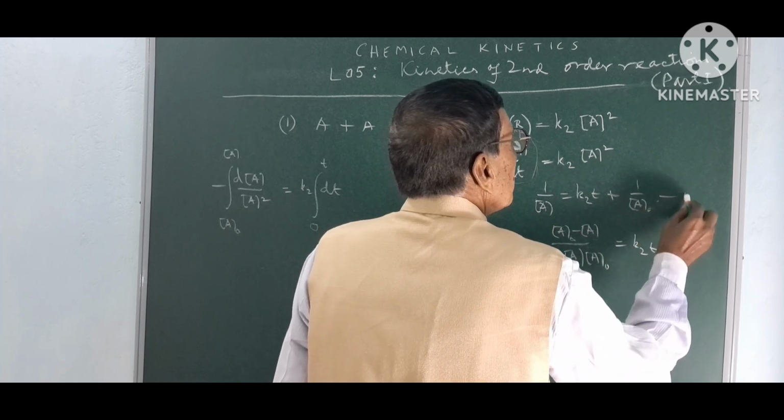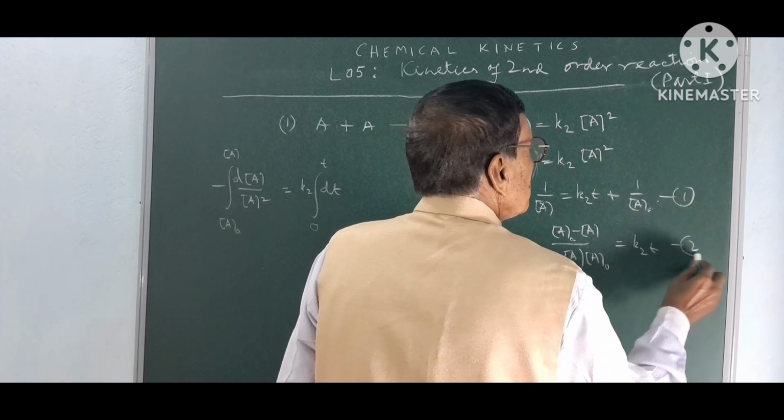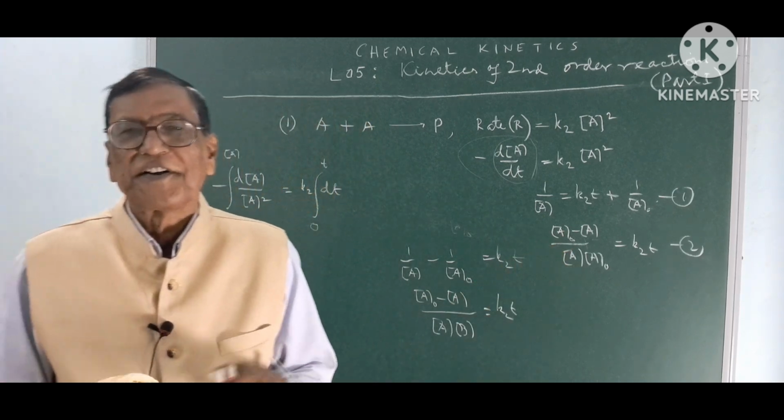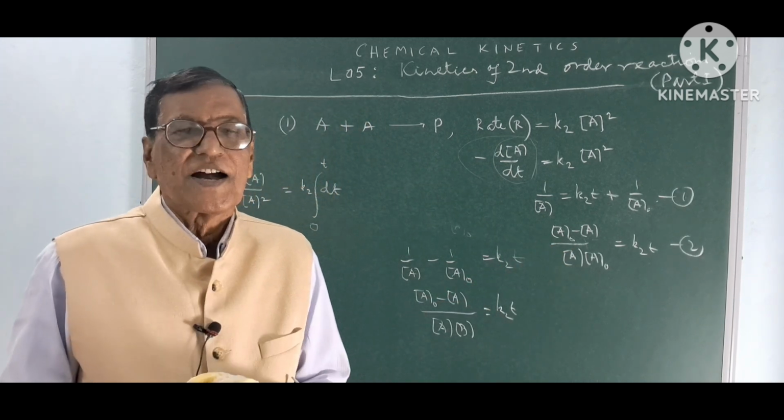So this one is the alternative form. So this is one equation, this is two equations. These two equations are very important. They are used for the kinetic study of this reaction.